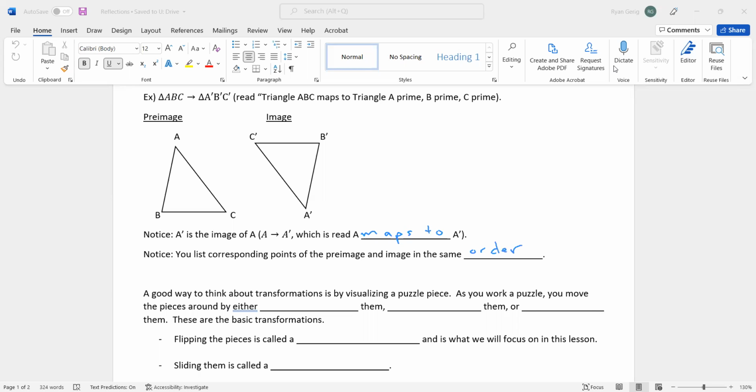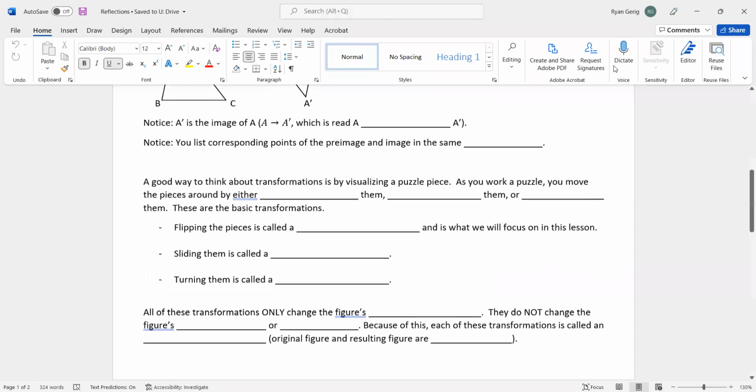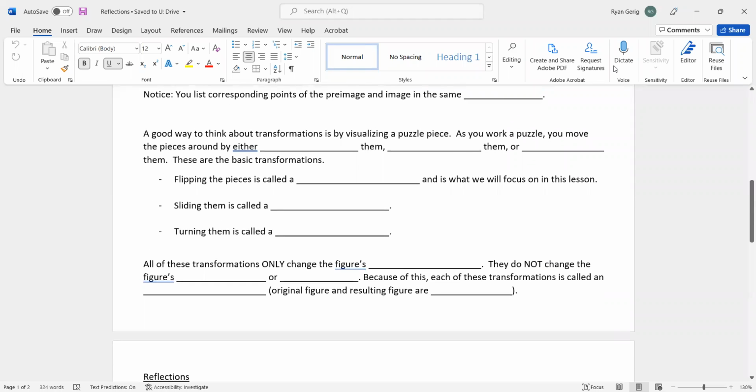Now, a good way to think about transformations is by visualizing a puzzle piece. As you work a puzzle, you move the pieces around by either flipping them, sliding them, or turning them.